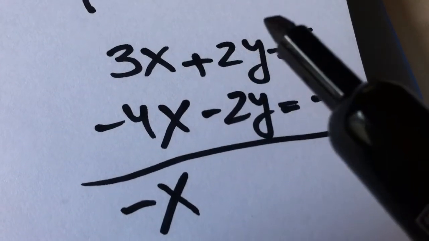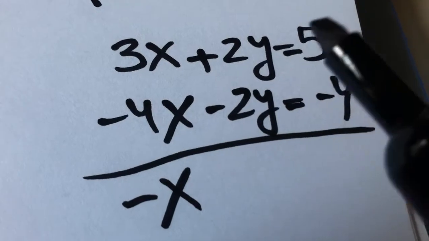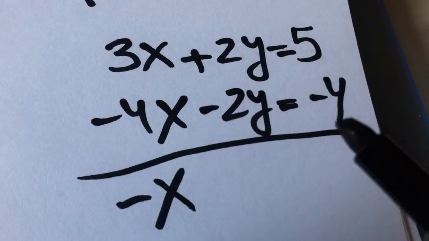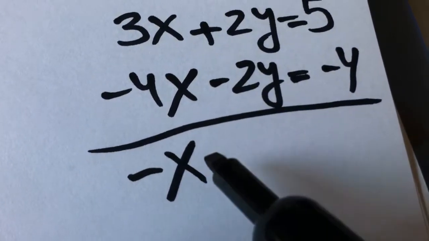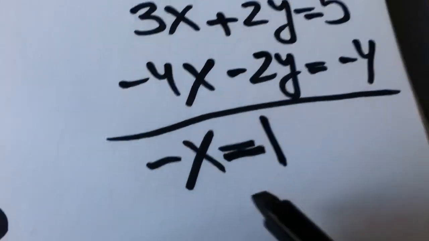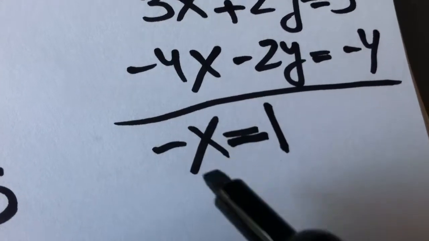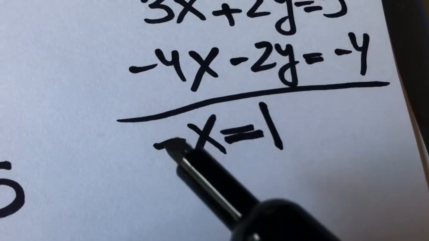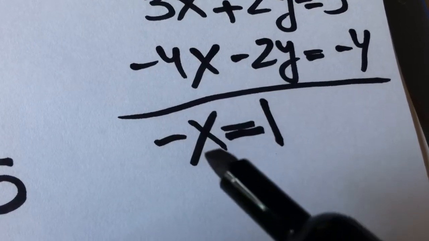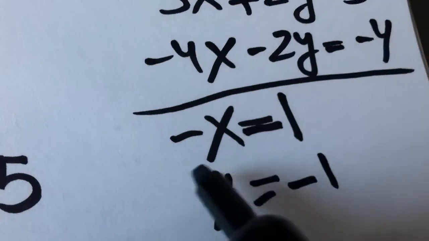Because our purpose was to eliminate the y variable, which we did. 5 minus 4 is 1, right? So I multiply everything by negative 1 to get rid of the minus 1 in front of my x. So I'll have x is equal to negative 1.